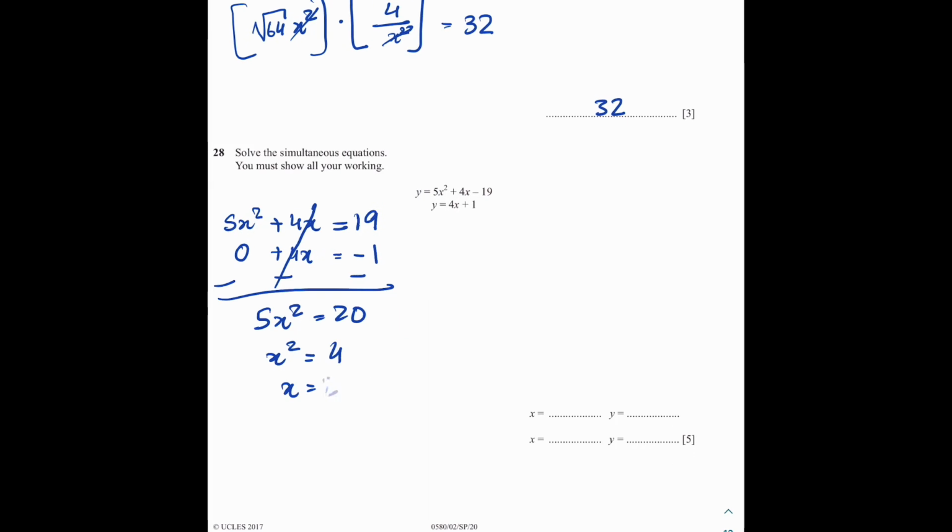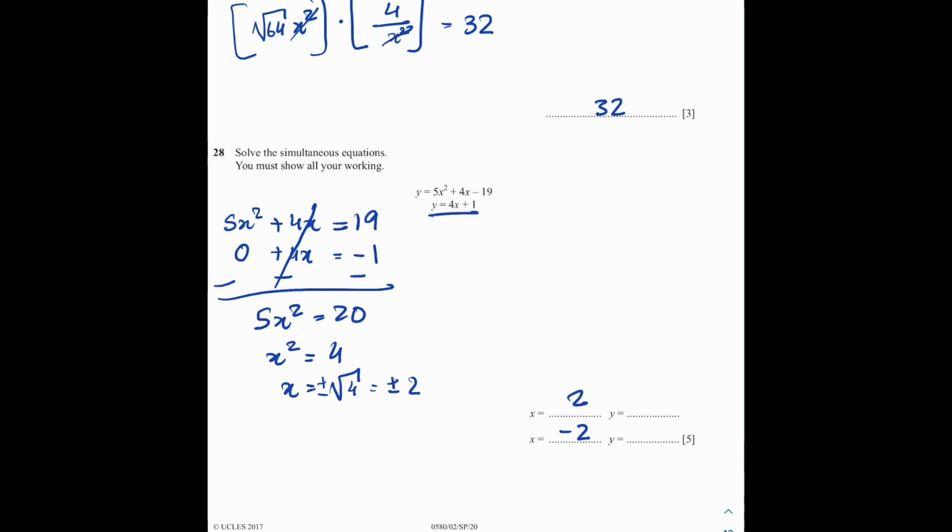Oh, and it's a square root, and a square root has plus or minus in front of it, so plus or minus the square root of 4 is equal to plus or minus 2. So x is equal to 2, or x is equal to minus 2.